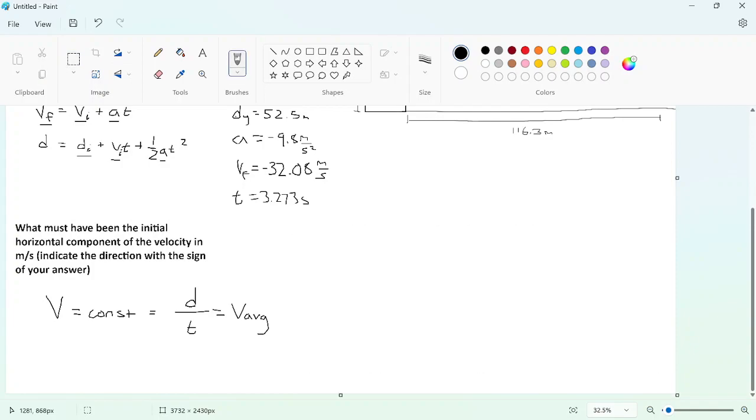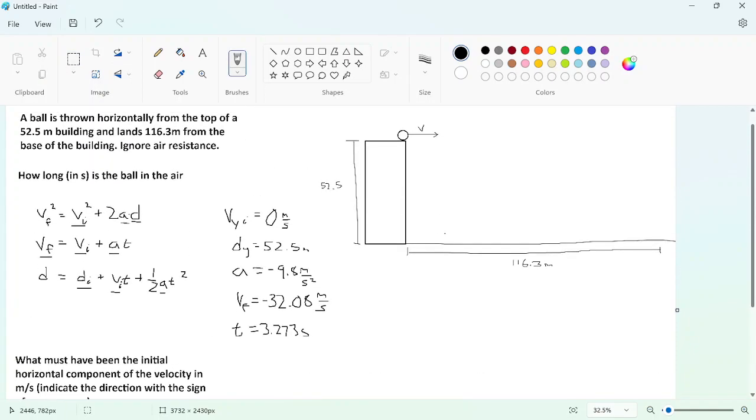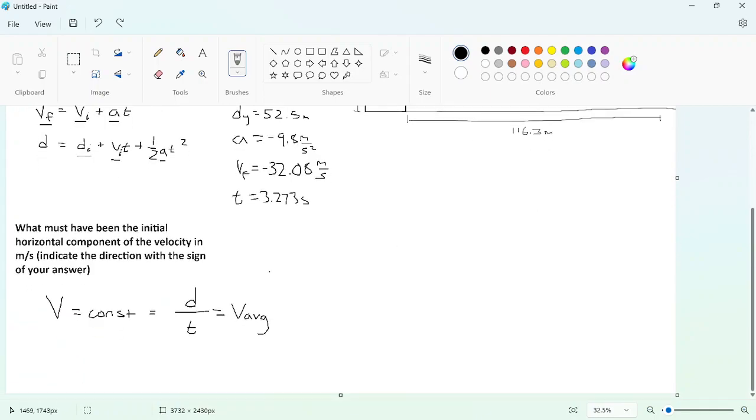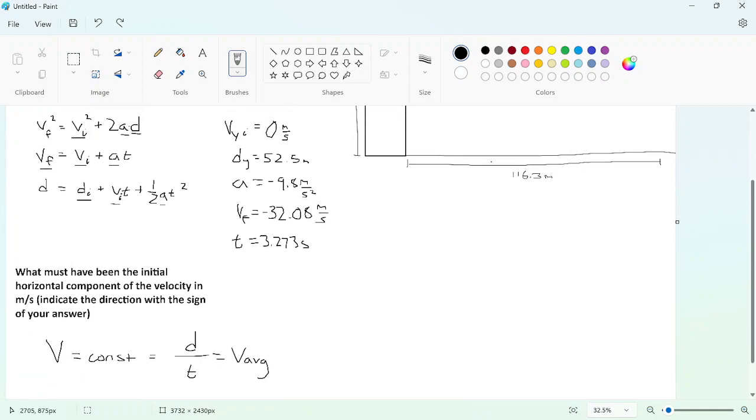So let's see if we can solve using this formula. How long does it take the ball to hit the ground? It takes this time, which we calculated earlier. And the distance it travels horizontally is 116.3 meters, and it takes this amount of time to travel that distance.